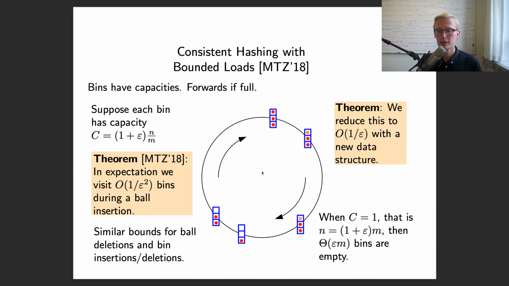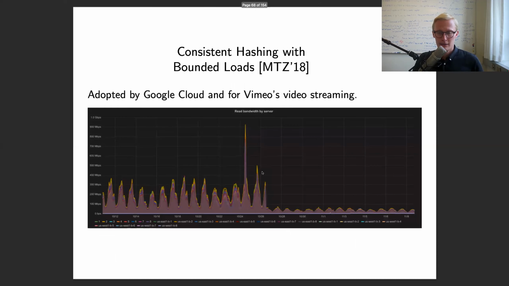So even when inserting a ball, if each time we're allowed to pick a bin uniformly at random until we find a non-full one, we would still expect to visit order 1 over epsilon bins before finding a non-full one. So I'll get back to this result in a moment.